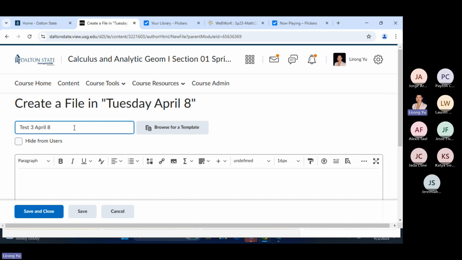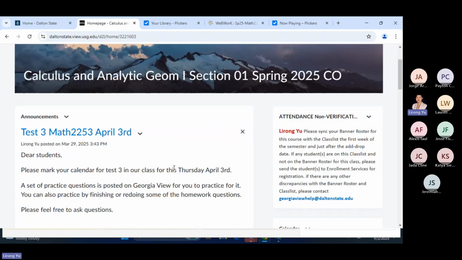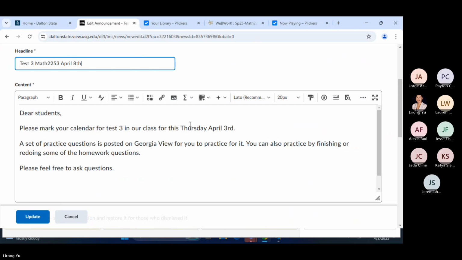So April 8th is what we're going to schedule for the next test. And in the meantime, please finish as much homework as possible. And I should also change this. The date was originally moved.